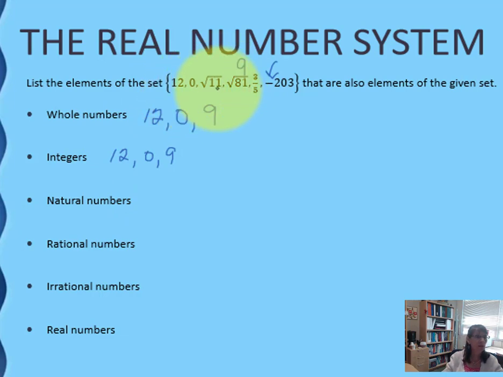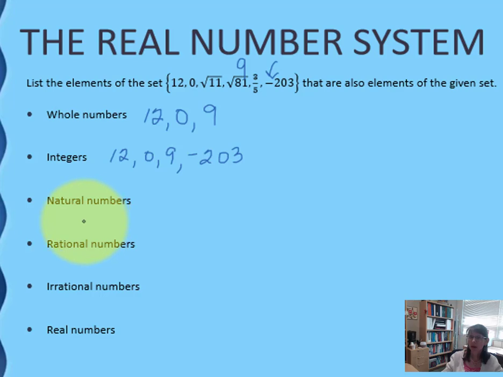Square root of 11 was the non-terminating decimal, so that is not an integer. 3/5, that is also going to be some decimal amount, so that is not an integer. Negative 203. This is going to be included in the integers because the integers include negative values. So negative 203 is included for integers.